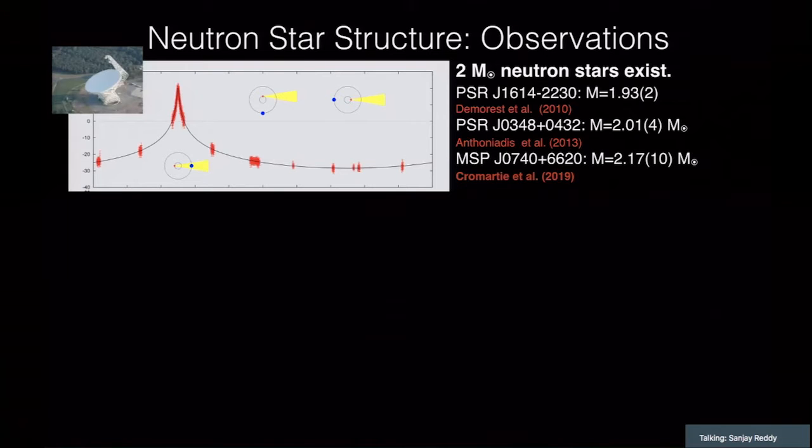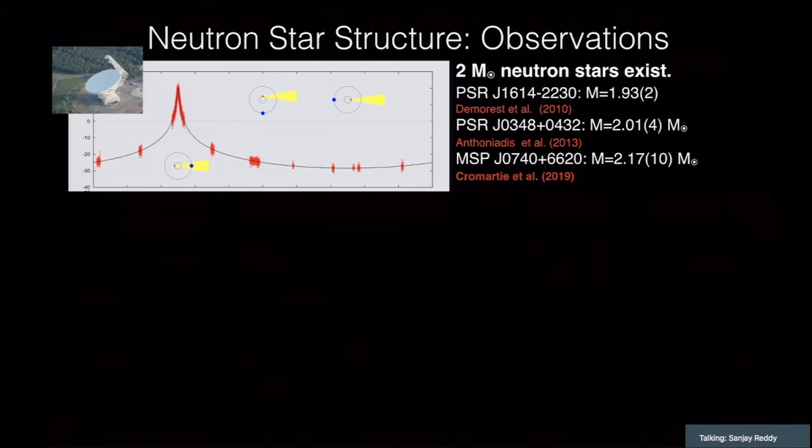Now, what did we learn from observations? The most fascinating observations of neutron star masses are observations of very massive neutron stars. As we have discussed, making heavy neutron stars requires a lot of repulsive interactions between fermions in the neutron star core. And for that reason, the discovery of very massive neutron stars has played an important role in our understanding of dense matter.